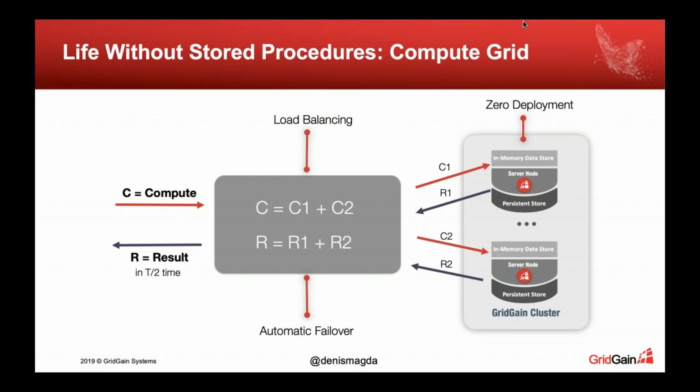Instead of executing all that SQL from the application, they developed a Java compute task, and that compute task was distributed across all the machines available in the cluster, and that compute code was executed locally on each machine. After the compute code was completed on every machine, each machine would send back a partial result set that was eventually reduced by your application.